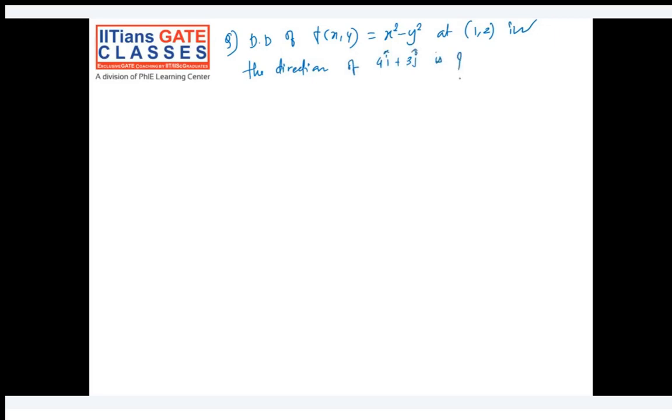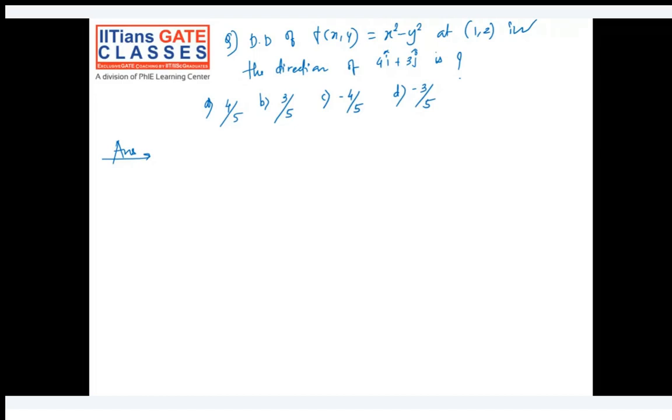The options are 4 by 5, 3 by 5, minus 4 by 5, minus 3 by 5. Okay, solve this question. Option C, sir. Yes, option C is the correct one.